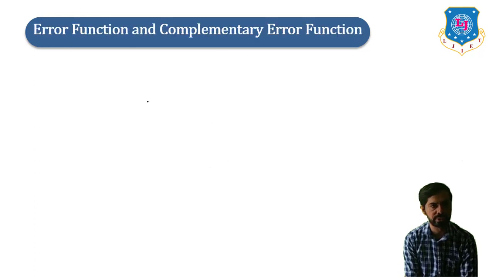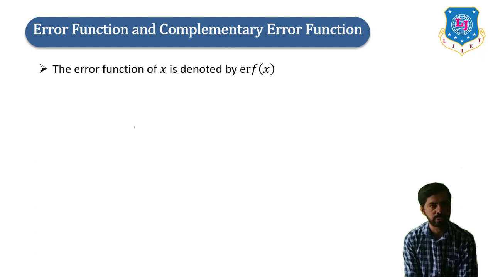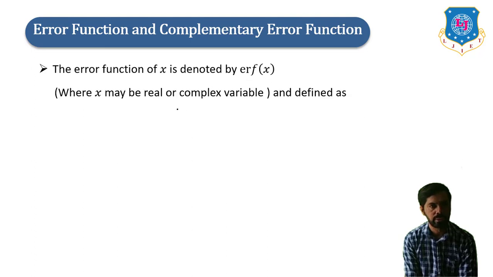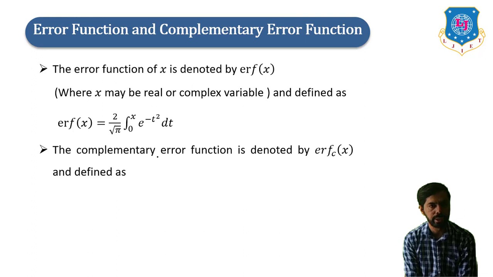Now we will discuss the error function and complementary error function. The error function of x is denoted by erf(x), where x may be a real or complex variable, and it is defined as erf(x) equals 2 divided by square root of pi, integration from 0 to x of e raised to minus t square dt. Now we will discuss the complementary error function.